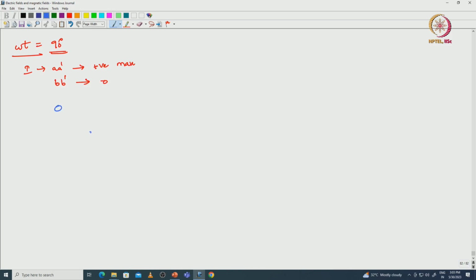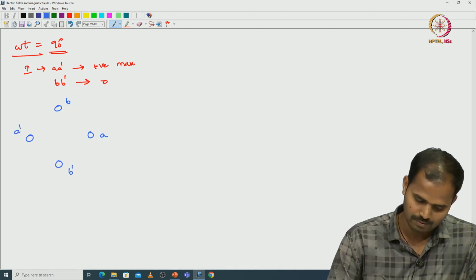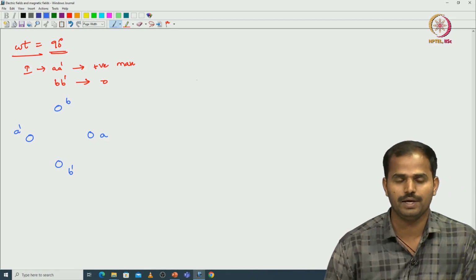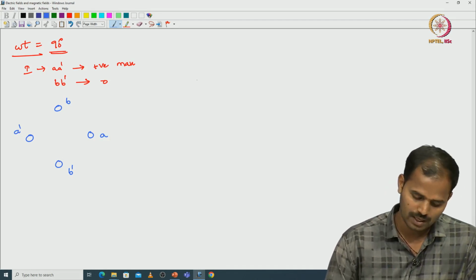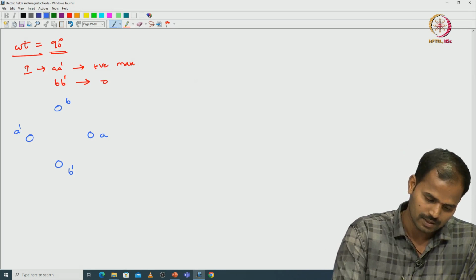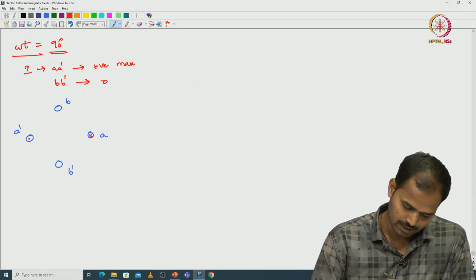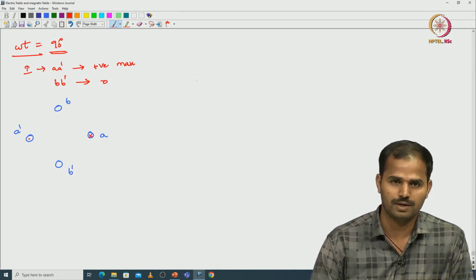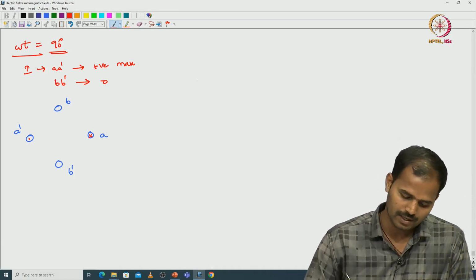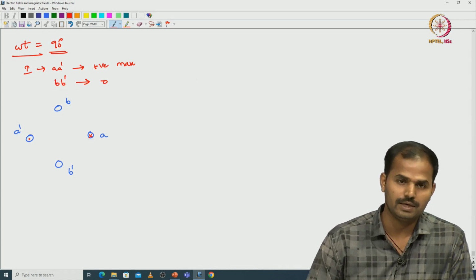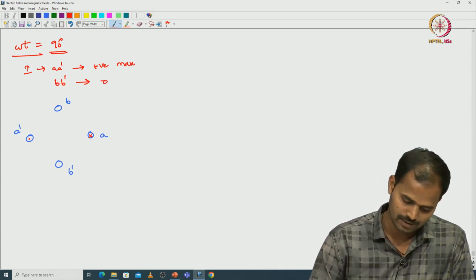With respect to the coil placements, this is A and this is A dash, and this is B and B dash. B dash coil is not carrying any current, so there is no flux, and A dash coils are carrying a current, and A is cross and A dash is dot, that means current is entering at the point A and current is leaving at the point A dash.